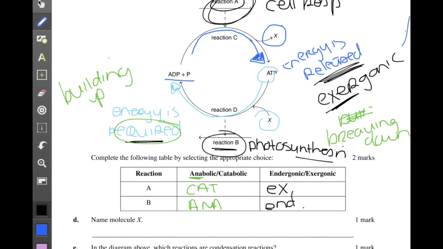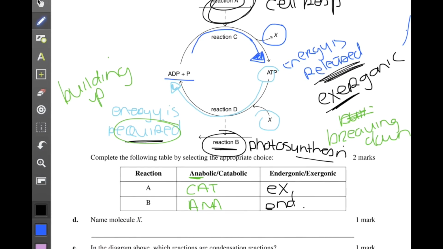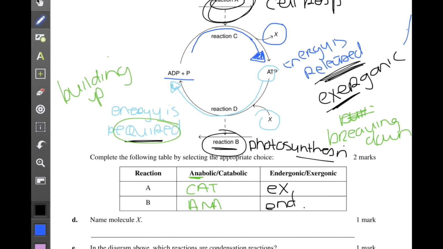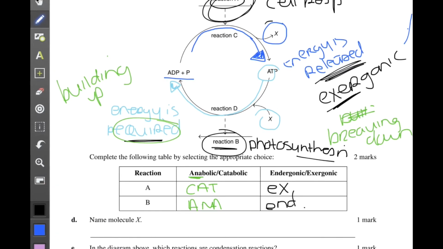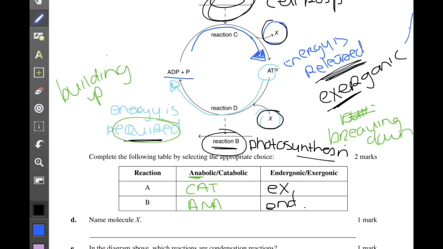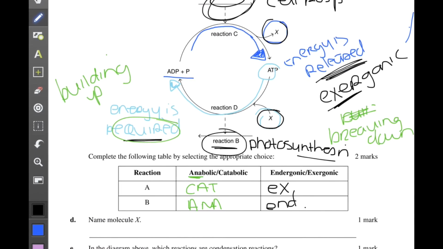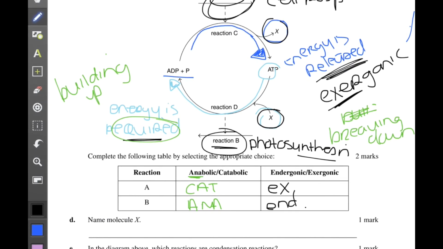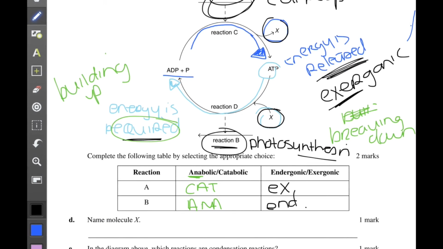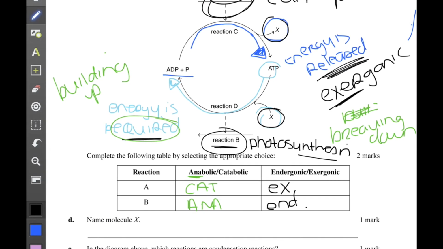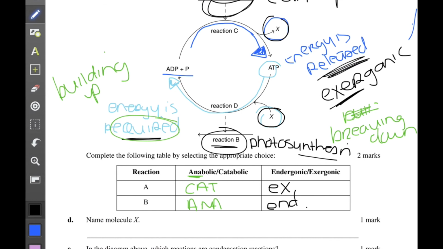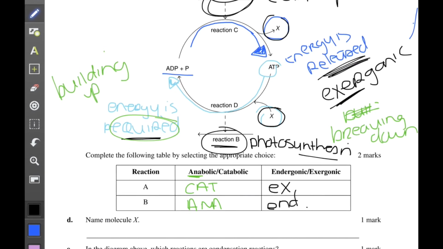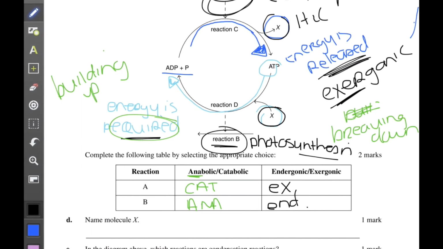Then the name of molecule X. This is obviously water, so make sure that you go back and have a look at the equations, at the outputs and the inputs for both, and see how they interact with each other. So that's obviously water. Let's write that down here.